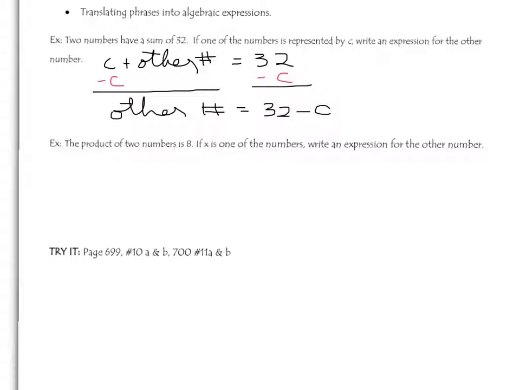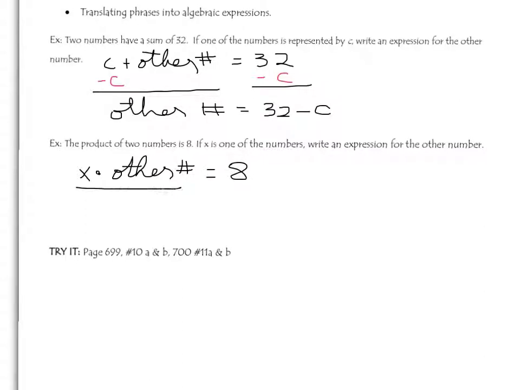In the second example, it's similar. You have a product. The product means two things are being multiplied together. And when you multiply them, you get 8. X is one of the numbers, so X times something is 8. So you're told to write X times the other number because you don't know what it is yet.